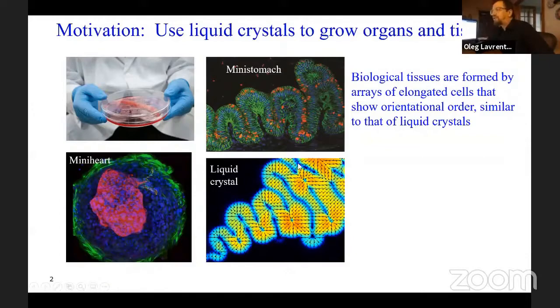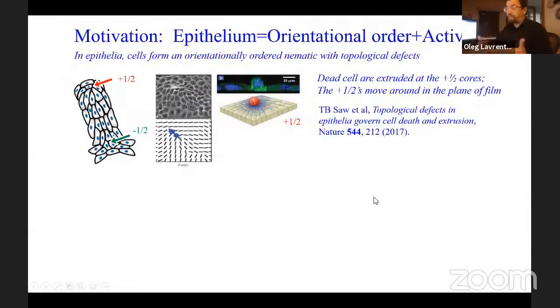And here I show a texture of a nematic liquid crystal that is strikingly similar to the arrangement of cells in a microorgan. Of course, it's premature to say that we can grow anything by using liquid crystals, but the unifying feature, orientational order, suggests that some things would be possible in the future.